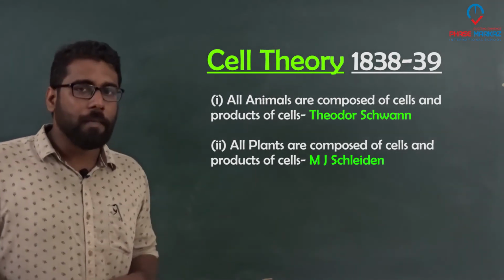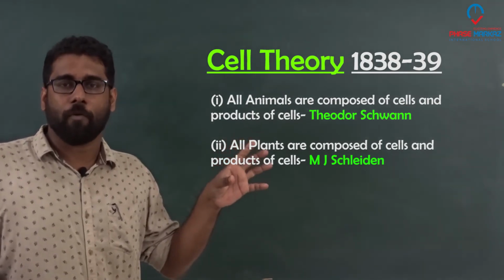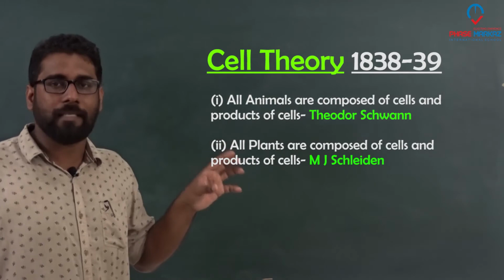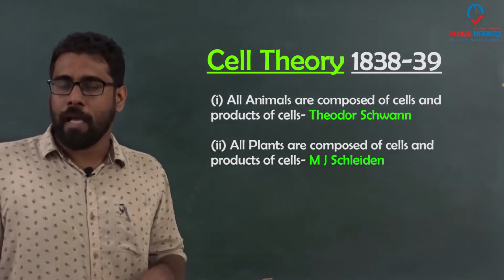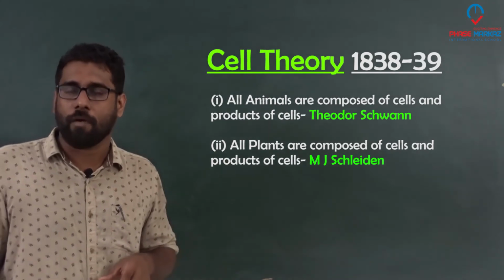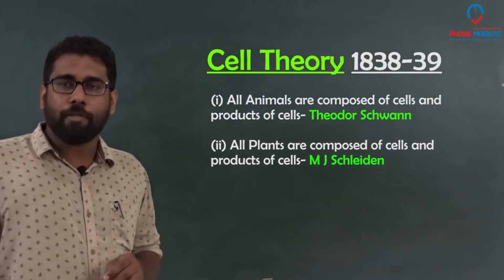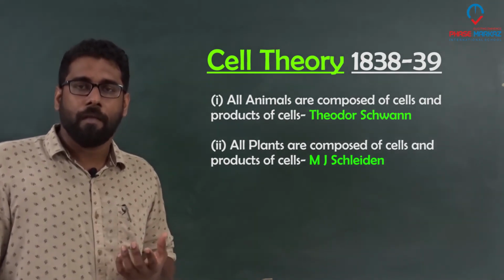In the earlier time, Robert Hooke observed a dead cell and the cytoplasm was absent there. Only the cell wall retained the structure. And the product, literally, is nothing but the cellular organelles, and the entire cytoplasm we can call its product. So Matthias Schleiden and Theodor Schwann proposed a theory called cell theory.